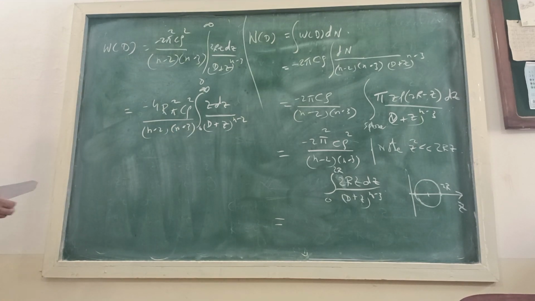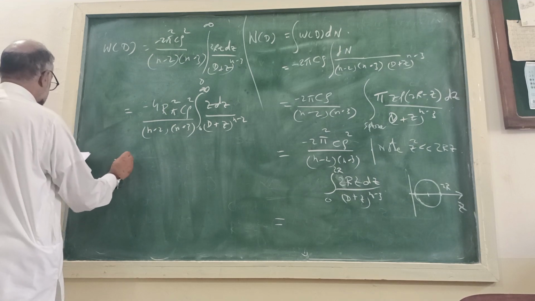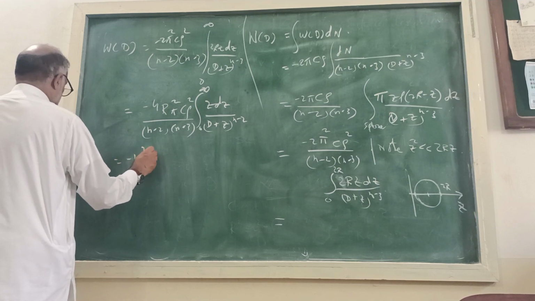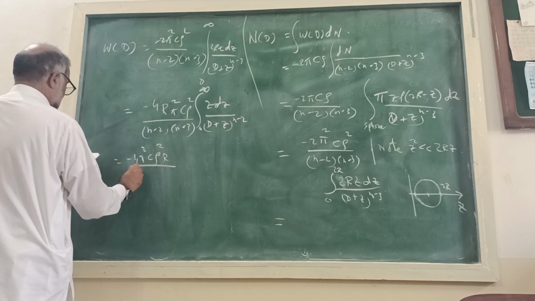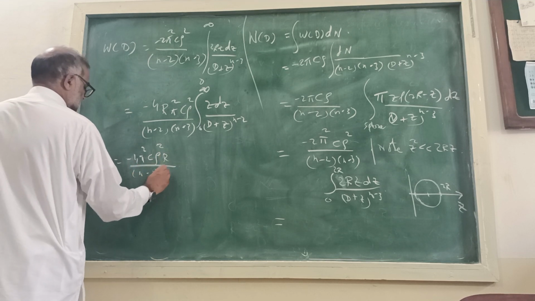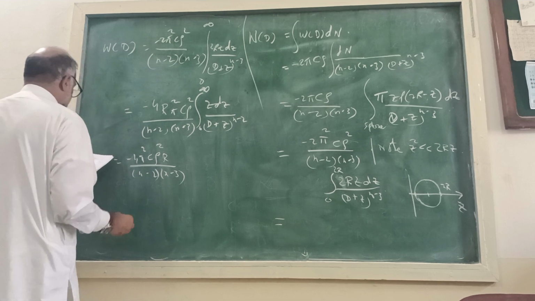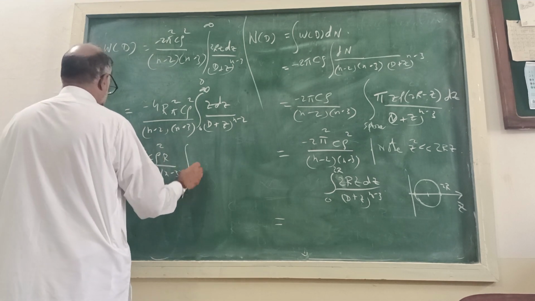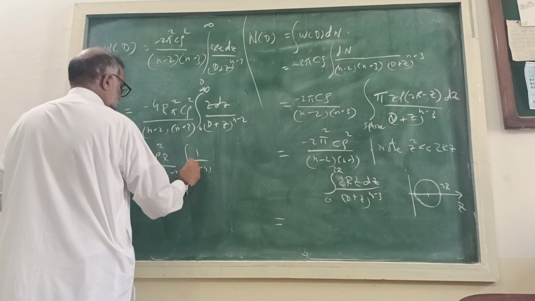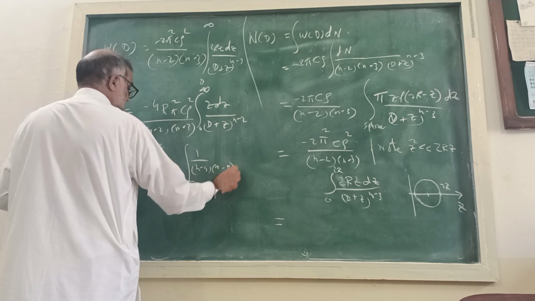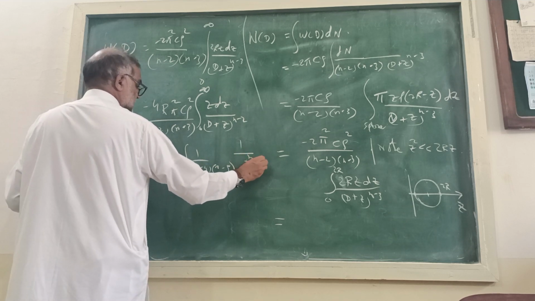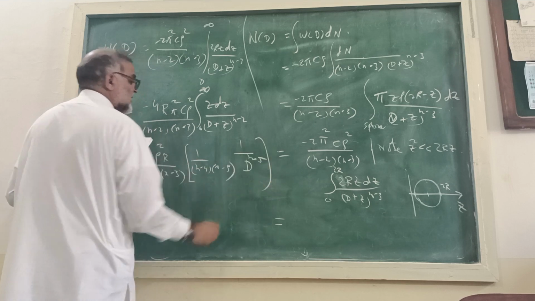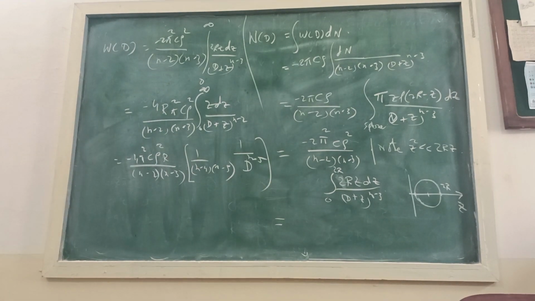By further evaluation, I can write this as pi square c rho square R over n minus 2, n minus 3, 1 over n minus 4, n minus 5, and 1 over d to the power n minus 5.